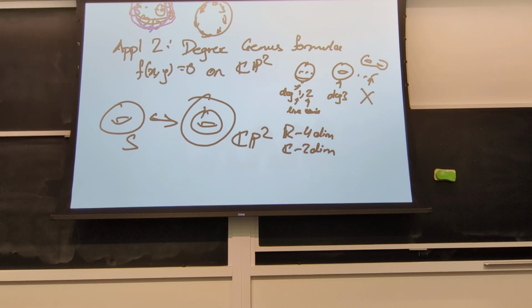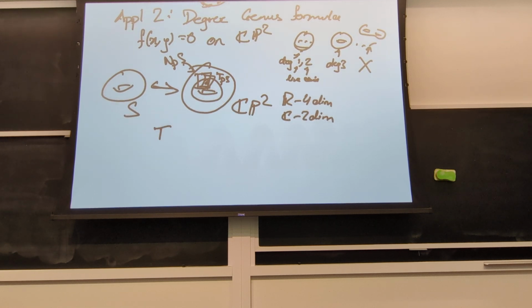So what you have is the tangent part at every point, this is like TpS, and then you have the normal part, NpS. I guess this picture is way too messy to understand if you didn't hear me say that just now. But you have a tangent part and a normal part, and TpS plus NpS is isomorphic to the tangent space of CP2.